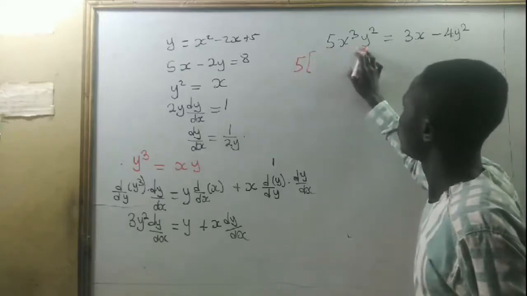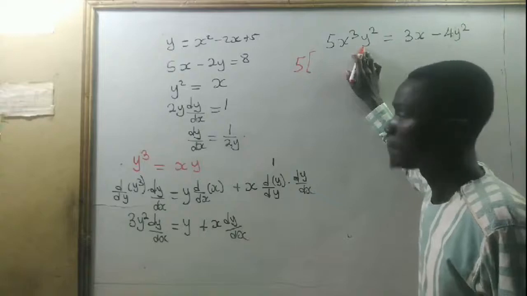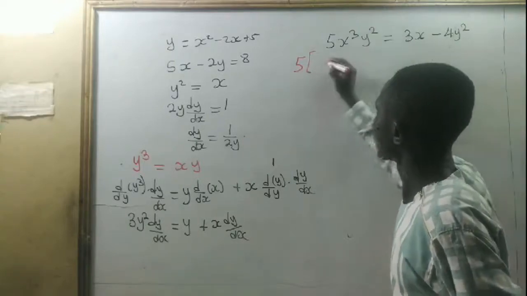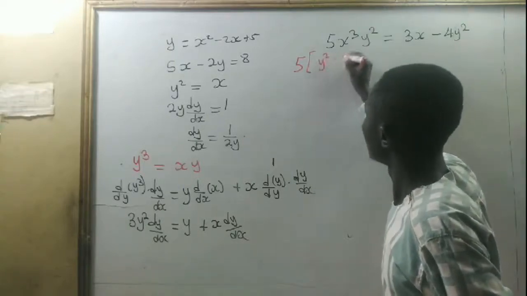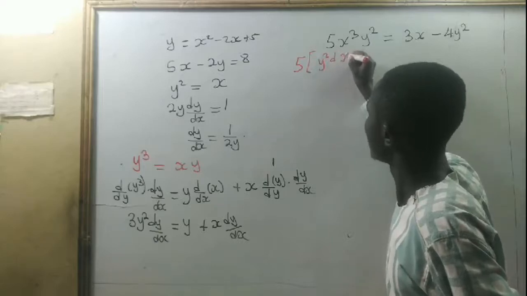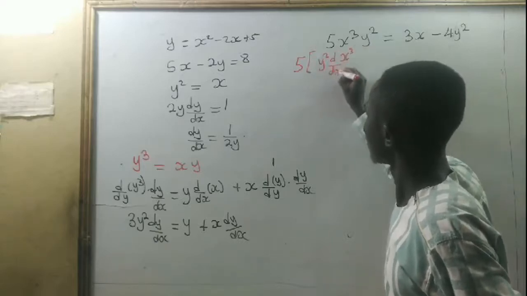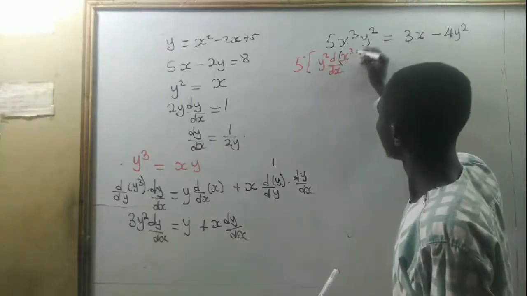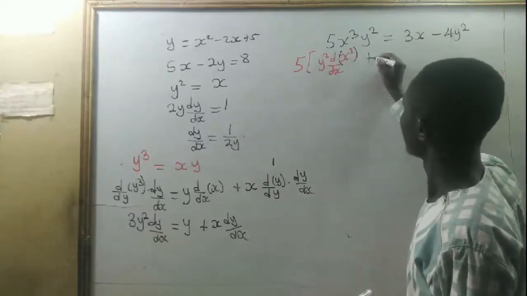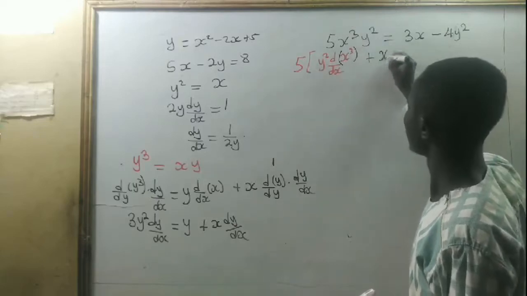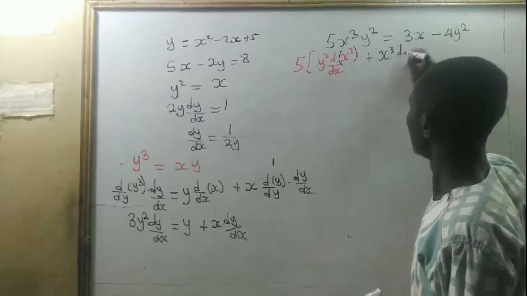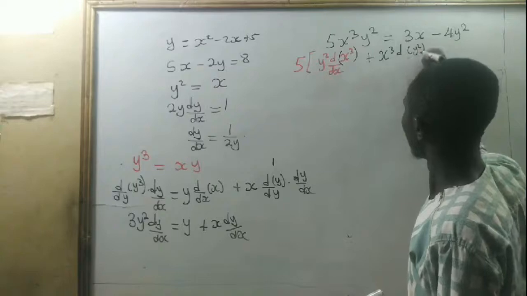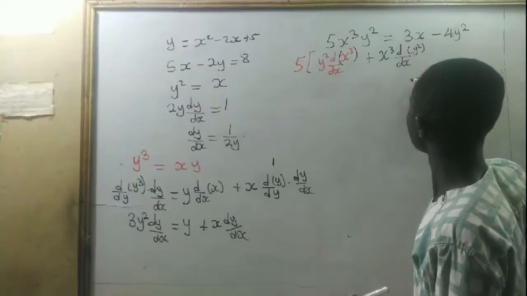Now this one, you have to use the product rule. So here, you maintain the y squared and then differentiate x cubed with respect to x, so we put this in brackets, plus you maintain the x cubed and then differentiate y squared with respect to x.